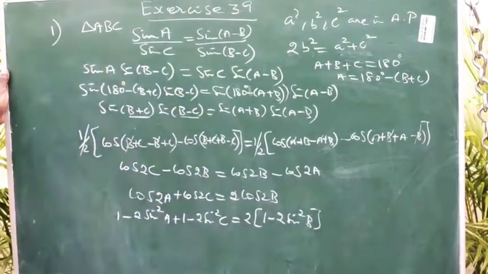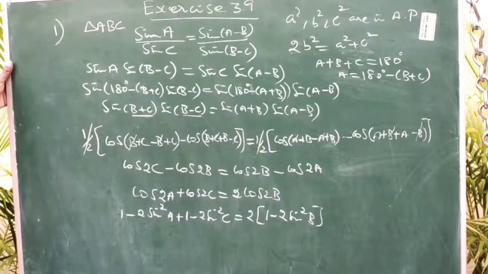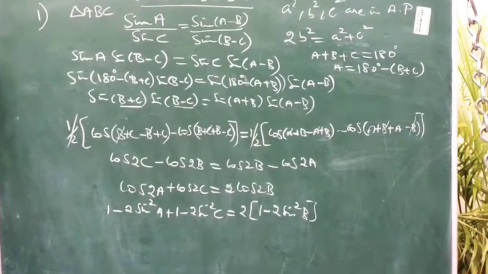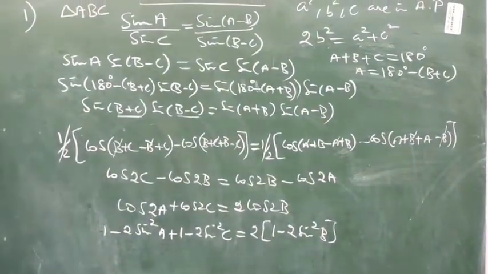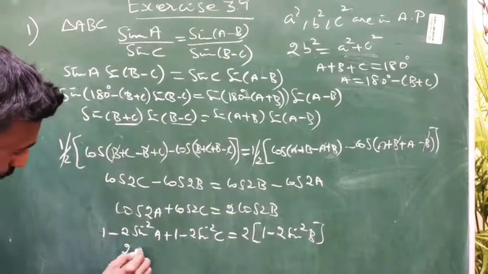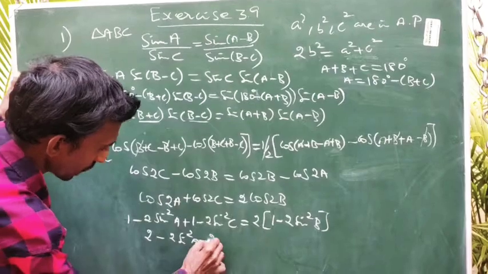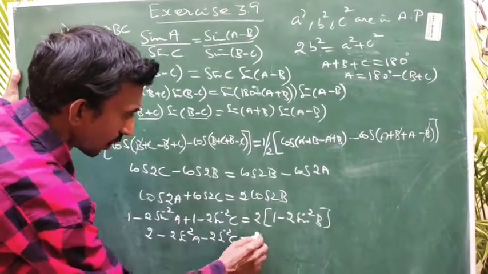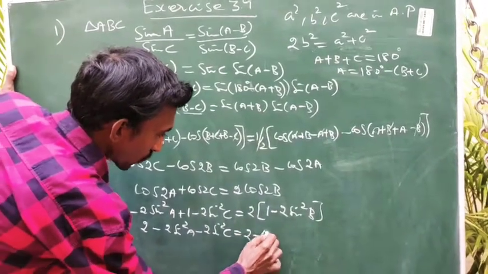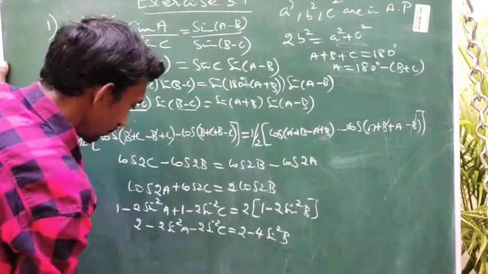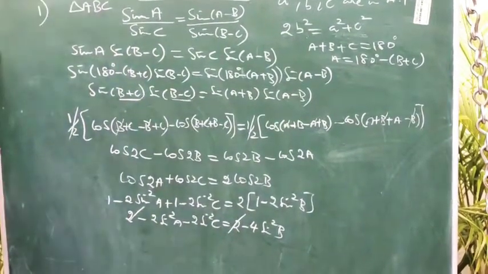So 1 plus 1 is 2: 2 minus 2 sin square A minus 2 sin square C equal to 2 minus 4 sin square B. This 2 cancels.